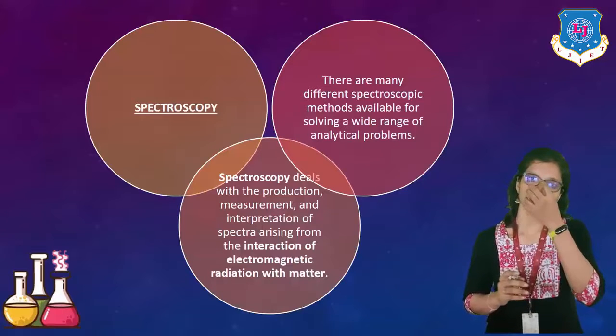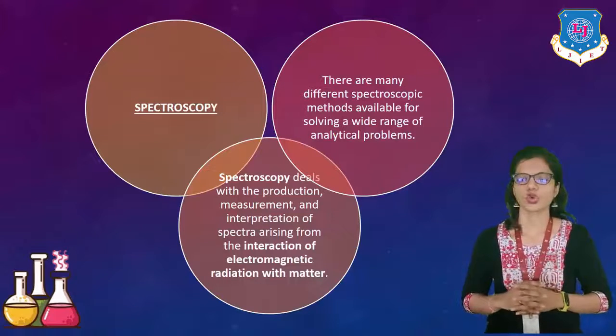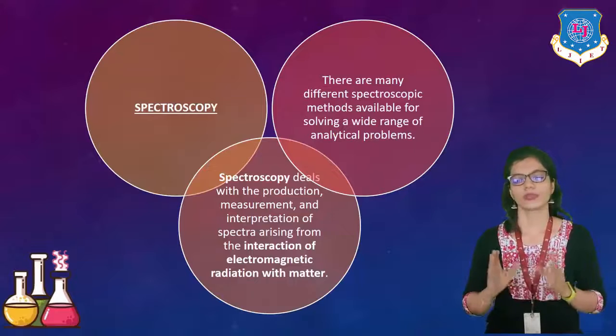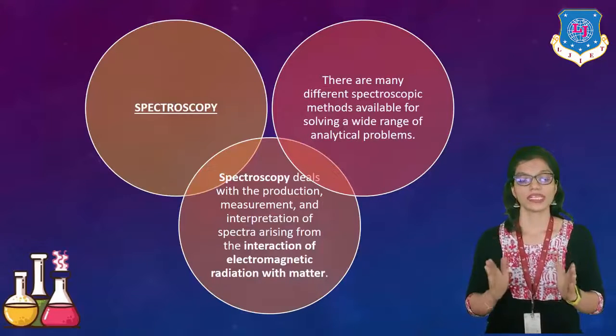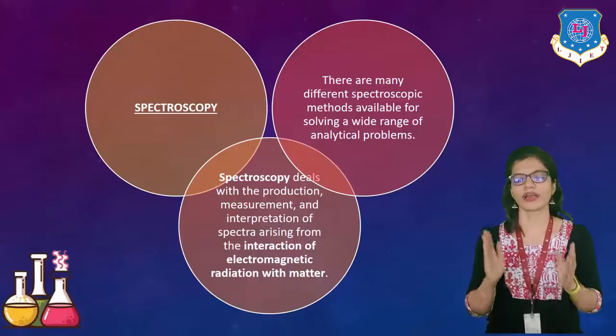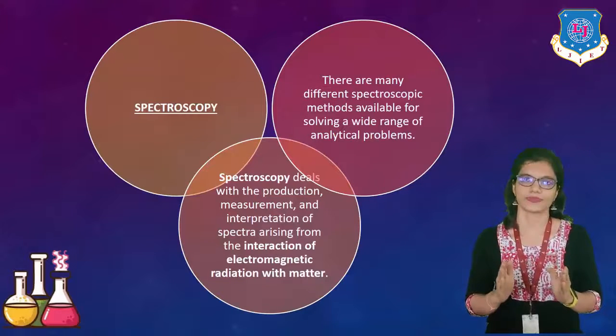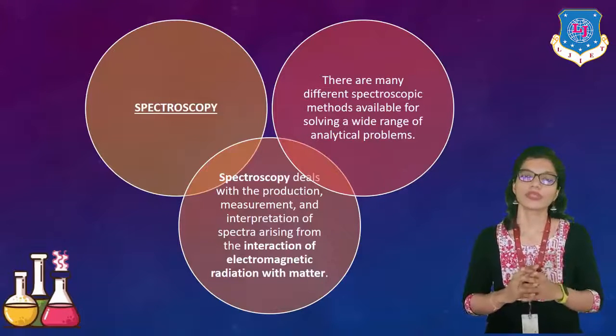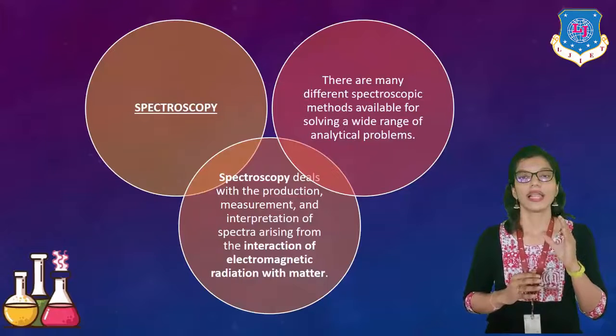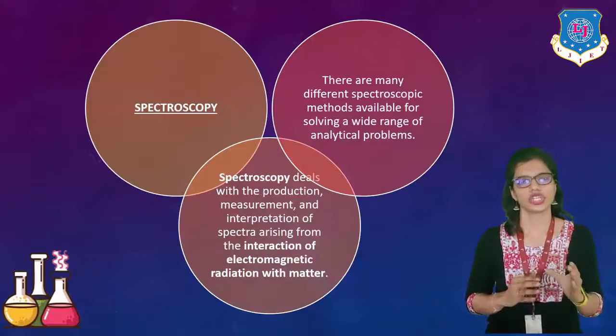As I told you earlier, spectroscopy deals with the production, the measurement and the interpretation of the spectra arising from the interaction of electromagnetic radiation with matter. The important thing is electromagnetic radiation.